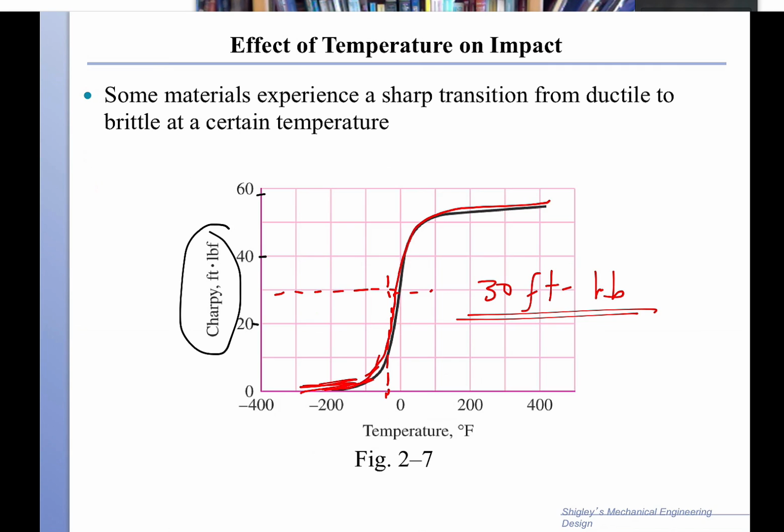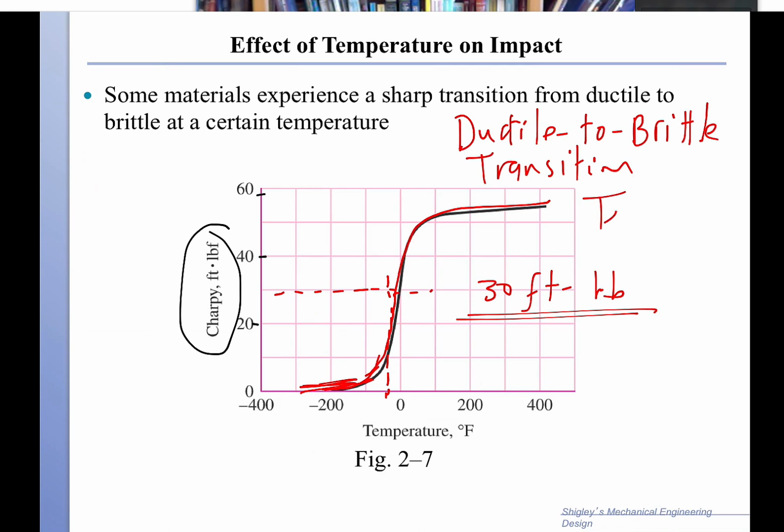And that gives you a definition of the ductile to brittle transition temperature, or in short, DBTT.